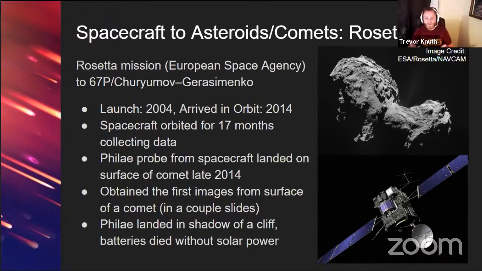Unfortunately, you can't really control too many of the details of that impact. It settled in the shadow of a cliff, which I'll show a picture of in the next slide. And because it was in this shadowed area, it wasn't receiving any solar energy, and so its solar panels couldn't collect power. Unfortunately, it died after about 2 days of collecting images and sending that data back to the orbiter spacecraft.